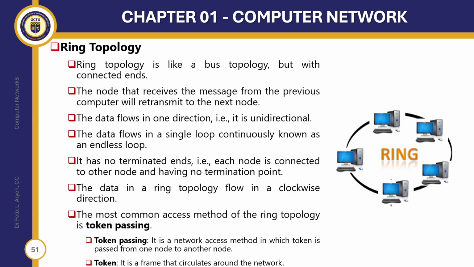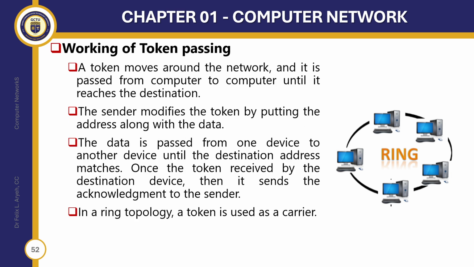Of course, it also has some advantages, but before that, let's talk about the working of token passing. A token moves around the network and is passed from one computer to the other until it reaches the destination.